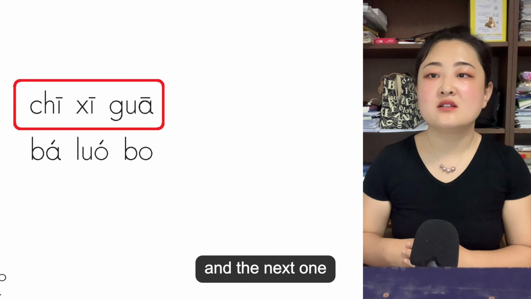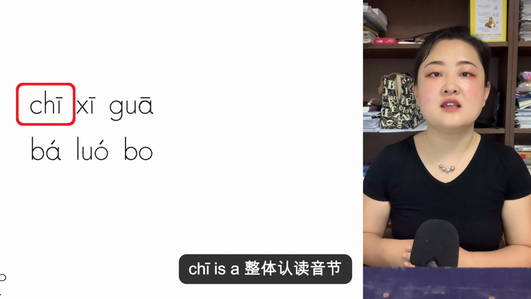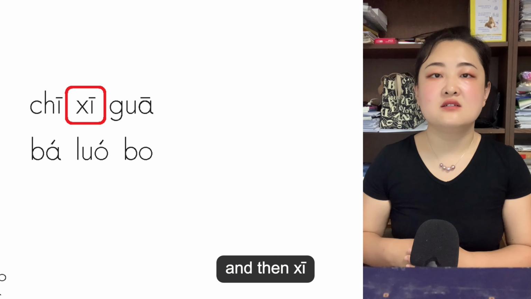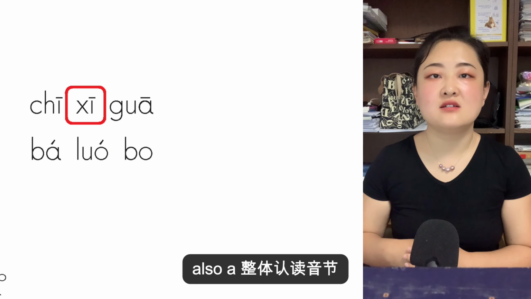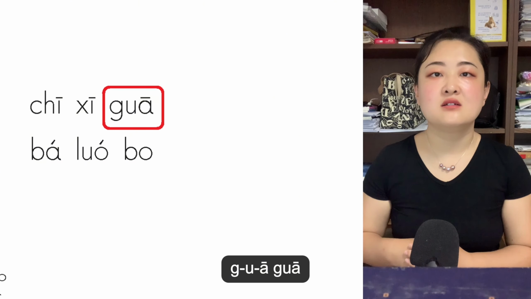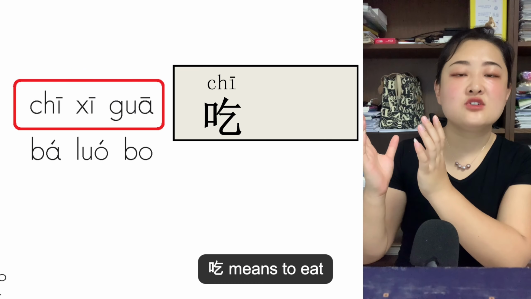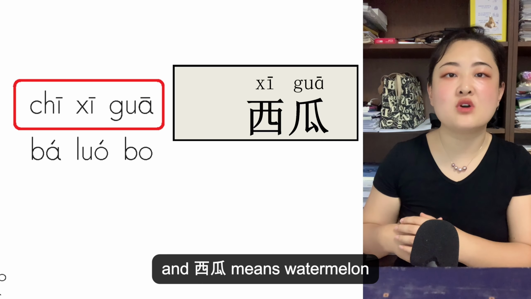And the next one, 吃, 吃 is a 整体认读音节. And then 吸, also a 整体认读音节. And then 西瓜. This is a phrase written this way. 吃西瓜. 吃 means to eat and 西瓜 means watermelon.